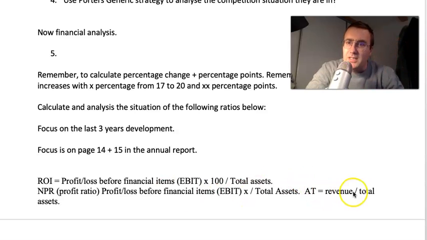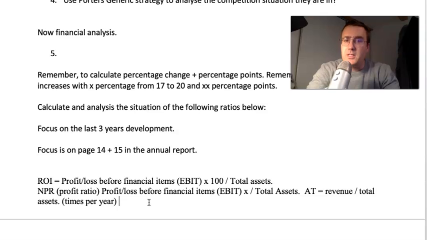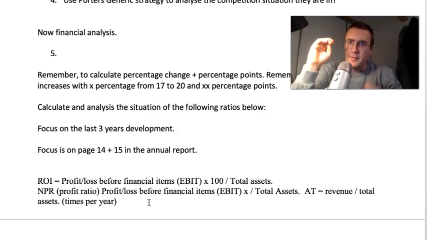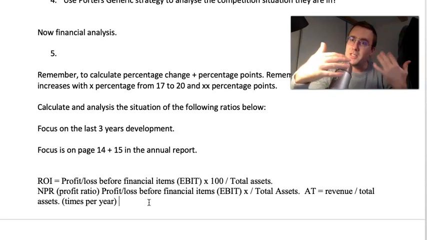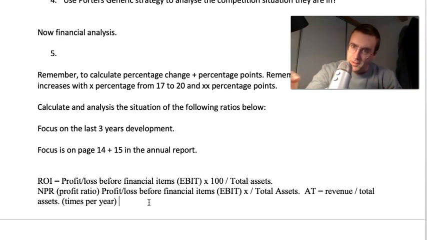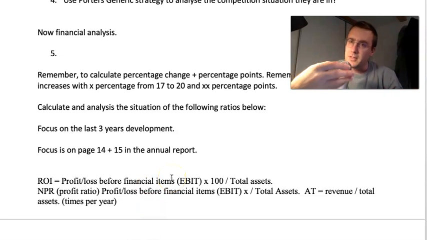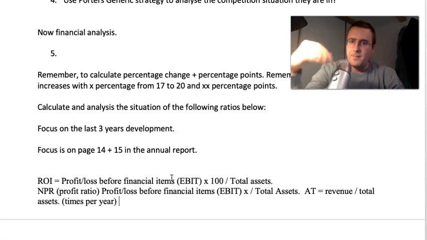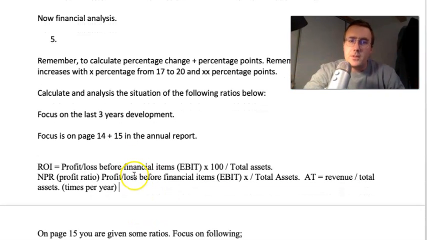But remember, asset turnover is in times per year, so that's not something you can calculate in percentage points, because percentage points only make sense if you're talking about a percentage figure. And return on investment, for example, you get 3%, 4%, 5%. That is a percentage figure you need to assess. Anyway, that's the focus of these.